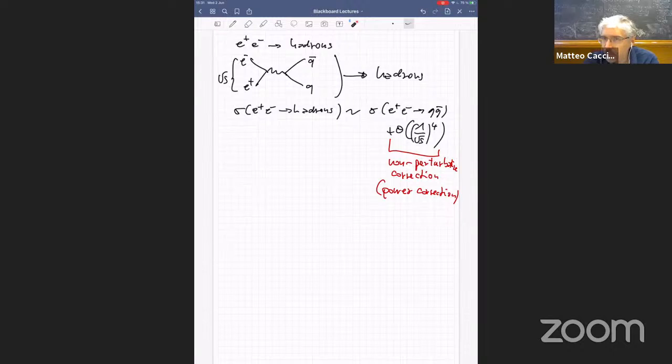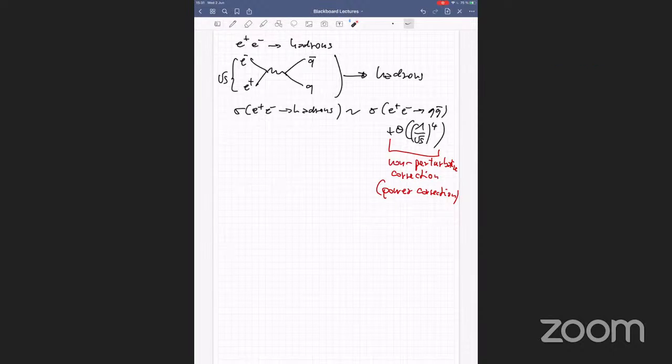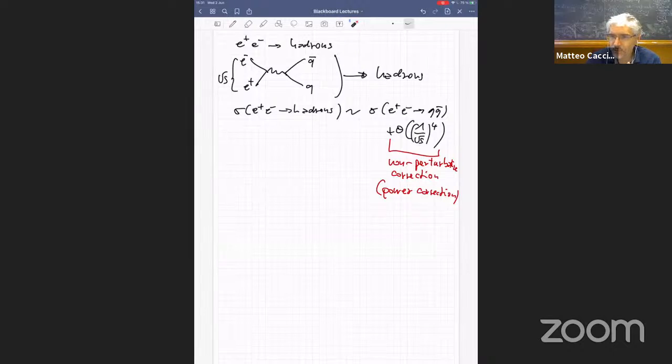And the more exclusive you want to become, perhaps because you want to observe certain particular observables, the more sensitive you may become to non-perturbative corrections. So yes, there are definitely measurements that do have a non-negligible sensitivity to non-perturbative corrections. It's already the case, and it will likely be the case in other colliders. Absolutely. This is a very special case. This is perhaps the easiest process you can think of, and it is the process that has the smallest power correction that you can think of.